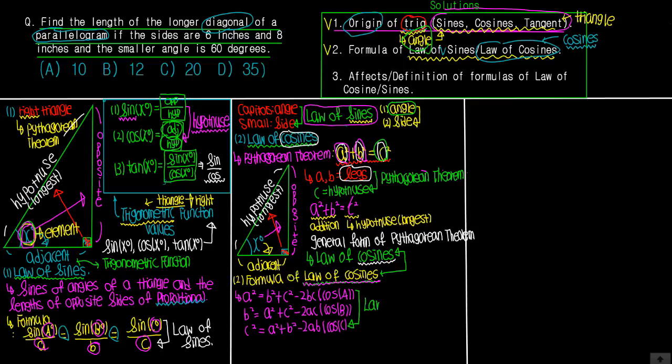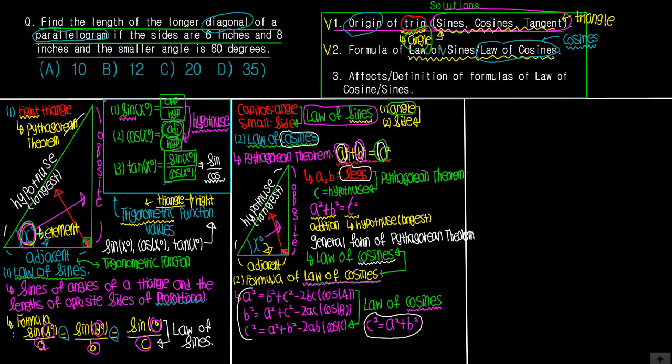We call this the law of cosines because it contains the cosine value in it. The reason we say it is a general form of the Pythagorean theorem is that the Pythagorean theorem is c squared is equal to a squared plus b squared, and if you compare this with our law of cosines form, they are exactly similar.